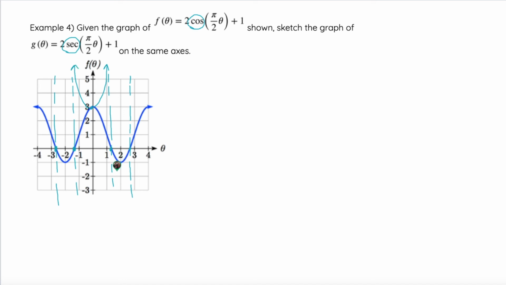Every time we have a valley here, it will be going up or down in its respective location. And you could also graph on Desmos, typing it exactly as we see it, which is very interesting.